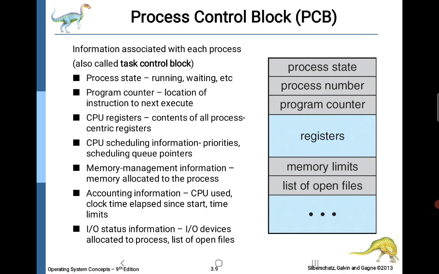And if the process is using files, there will be the list of open files this process is reading from or is writing to. If this process is using input-output devices, this also will be listed. If the process has priority, has certain time limits, everything that has to do with the process and that is needed for the process to be executed will be in the process control block.